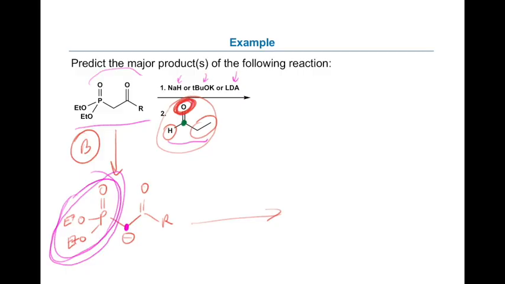I'm going to have a new bond between my green and my fuchsia carbons, so we're going to have an olefin there between those two. And that fragments the other stuff attached to it. On the nucleophile side, we're going to have our carbon with carbonyl R and hydrogen.